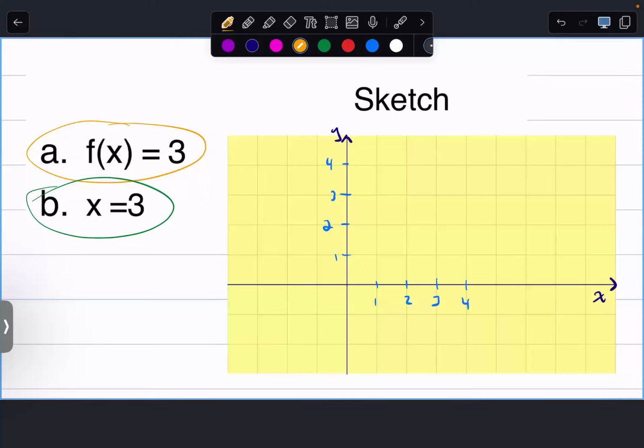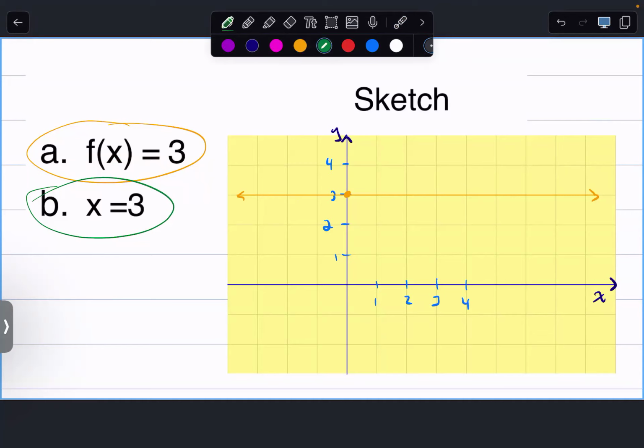If no matter what x is, the output is 3, then I'm here. And what's that going to look like? Just keeps going and going. It doesn't care what x is, it'll always return 3.